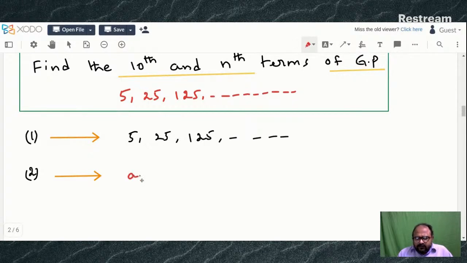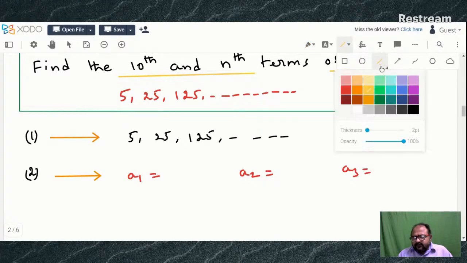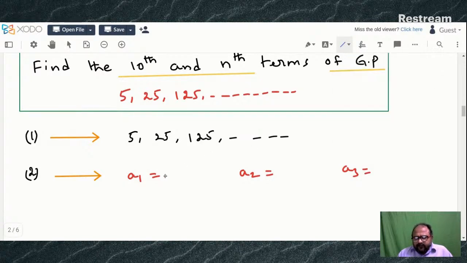That is a1, a2 second term, a3 third term. You should note down the values of this. I am just keeping a blank here. What is the first term? What is the second term? And what is the third term? You observe the above list of numbers. You fill up this gap. A1, A2, A3. You should note down the values.